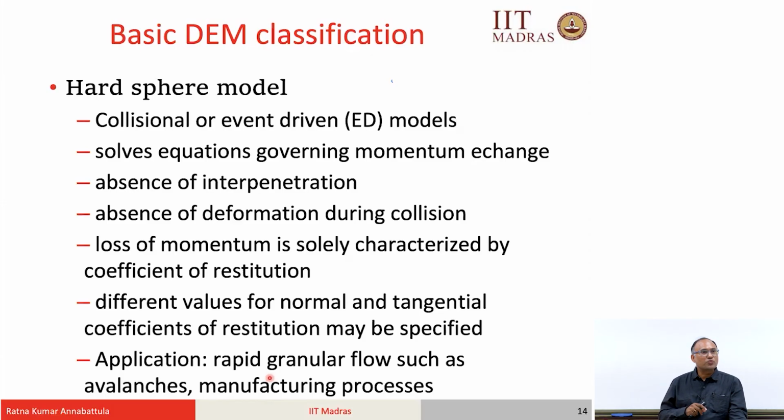There is something called the coefficient of restitution, right. When the coefficient of restitution is 1, what happens? It means that there is no dissipation. So, the dissipation mechanism is embedded in the coefficient of restitution of the material, right.